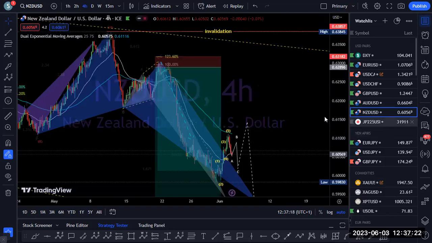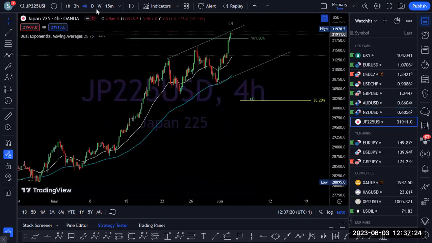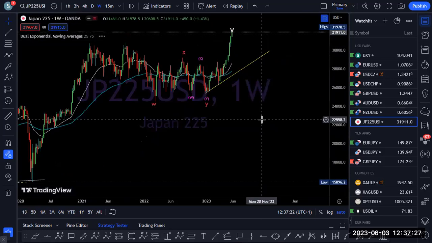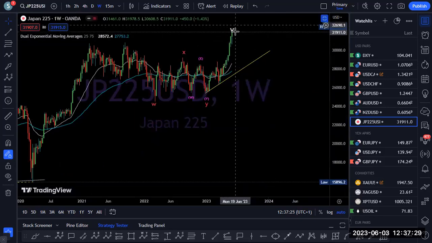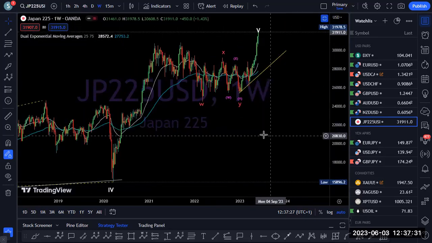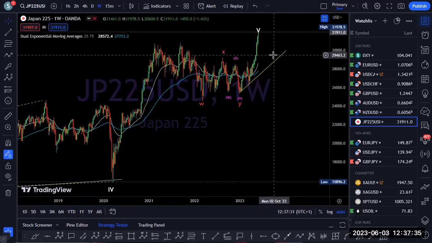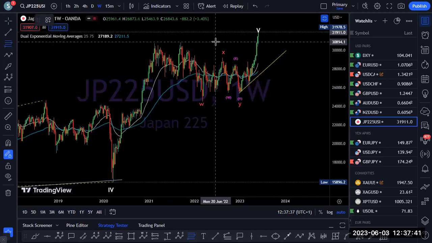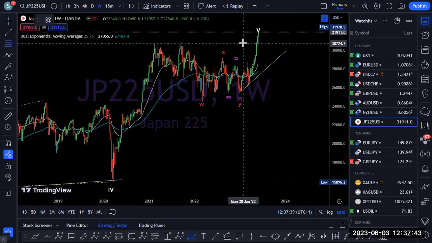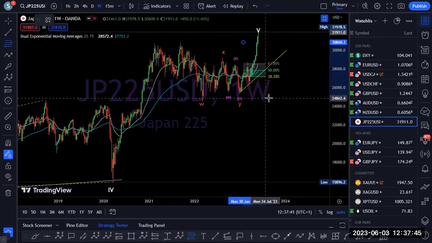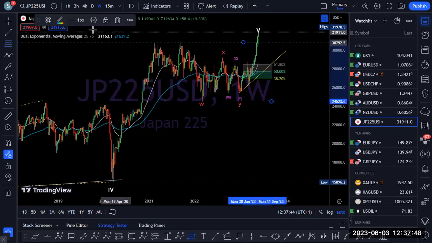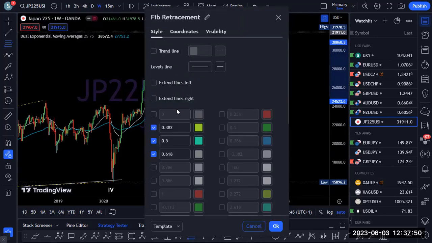Okay, JP225. Let me go down to weekly on this one. On the weekly chart, it seems we are completing five waves. If that is the case, then look out for a big selling opportunity.